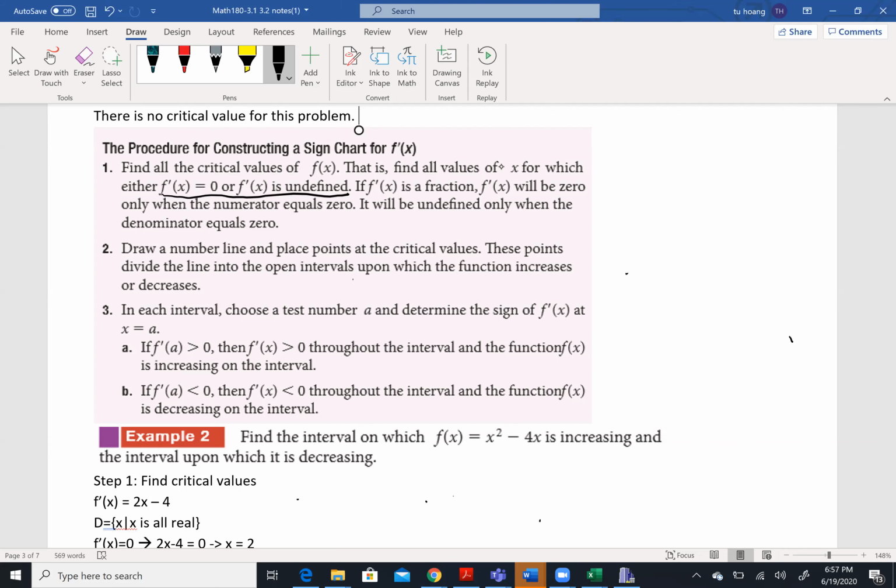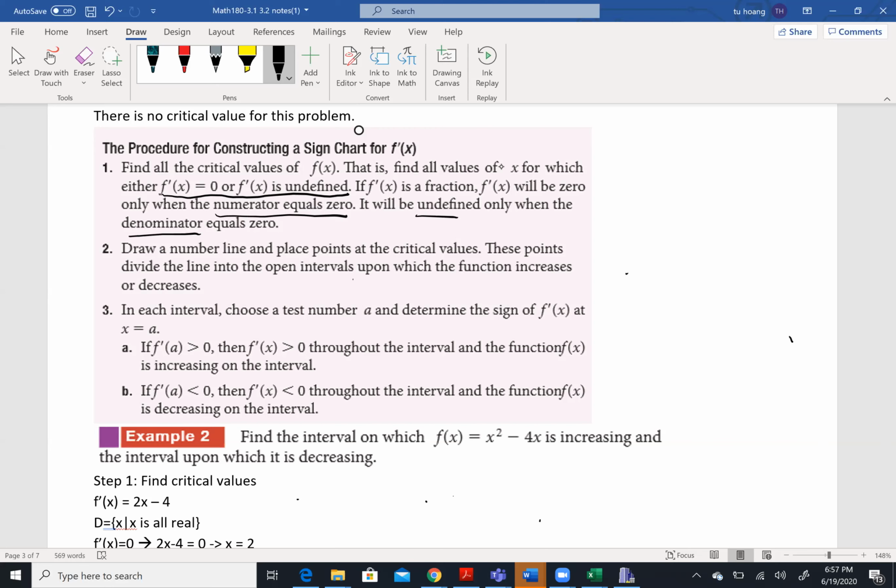If f derivative of x is a fraction, it will be 0 only when the numerator equals 0. This is a thing that I did talk about in the previous example, and it will be undefined only when the denominator equals 0. This is actually helpful for you when you see a fraction or a rational function.